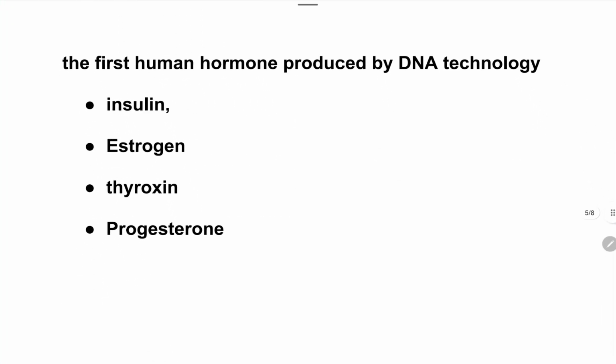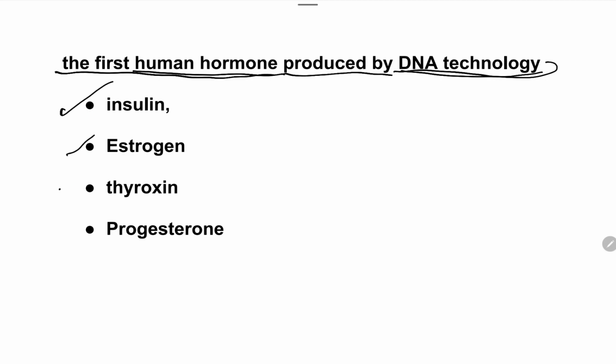The next question is the first human hormone produced by DNA technology. Which hormone is produced by DNA technology? Options are insulin, estrogen, thyroxine, progesterone.